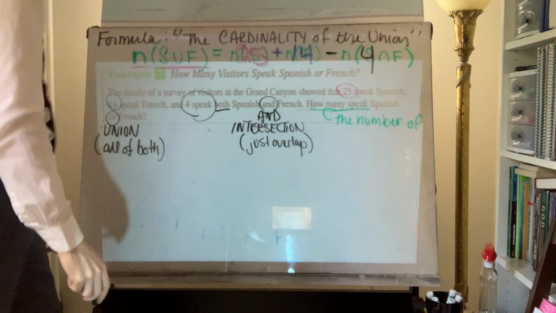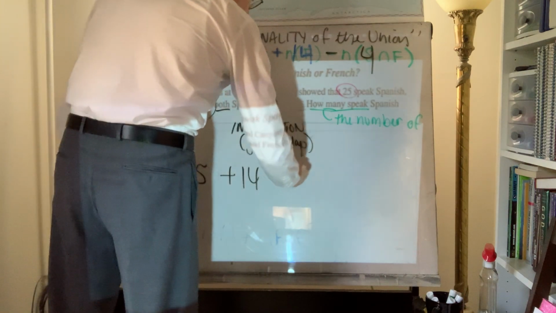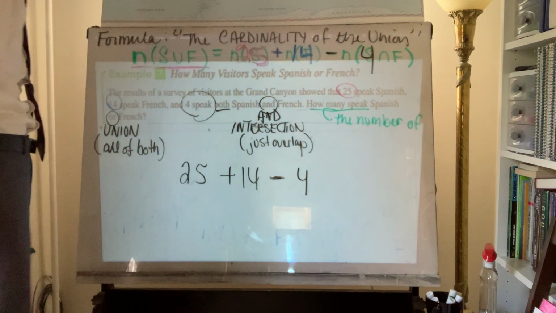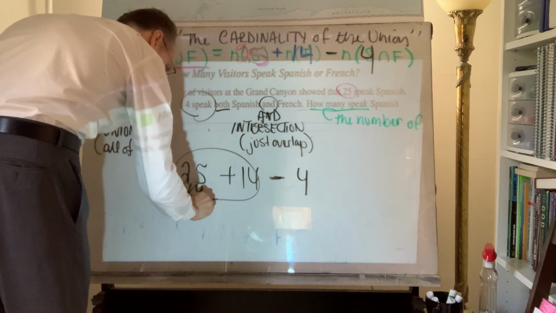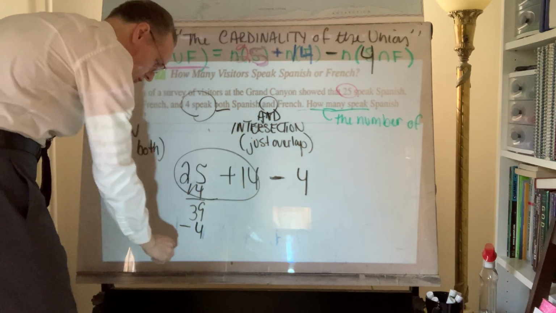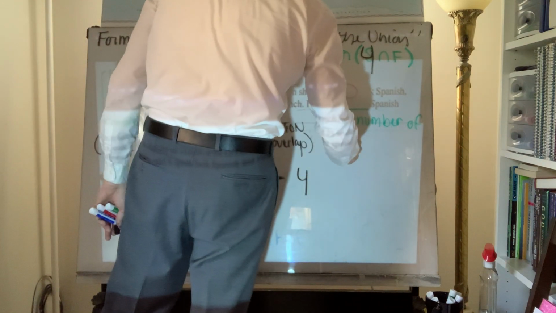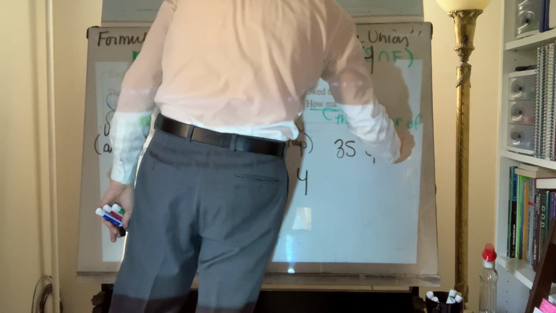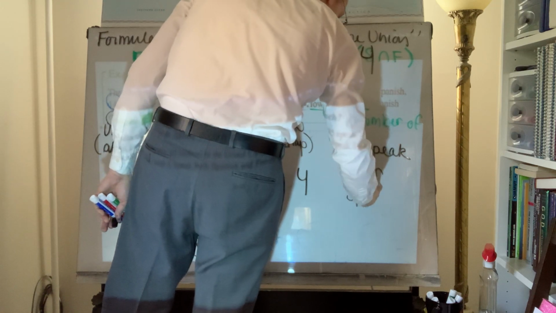Essentially, it's 25 plus 14 minus 4. This much would be how much? 39. All right, and if you subtracted 4, and you should do it in that sequence, it's 35. So 35 speak either Spanish or French.